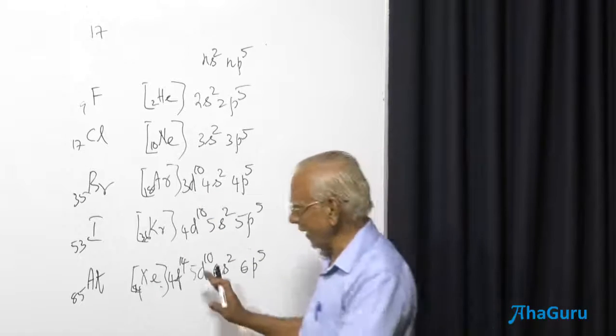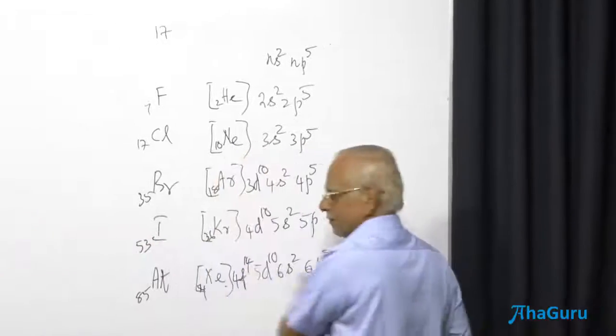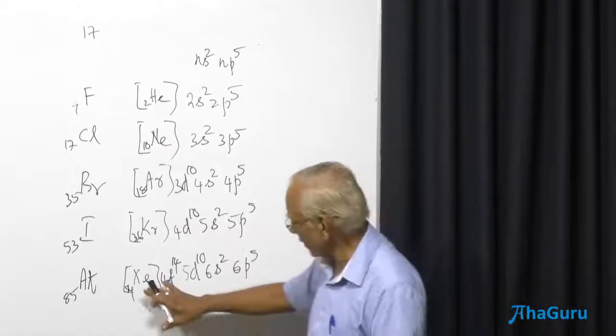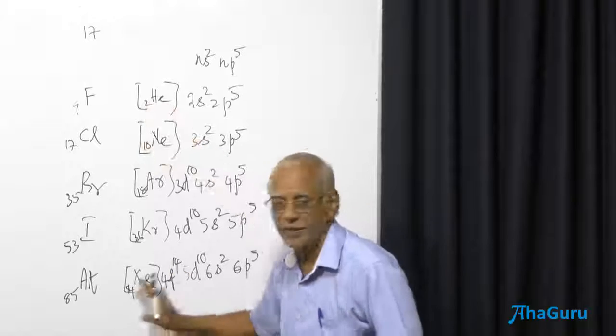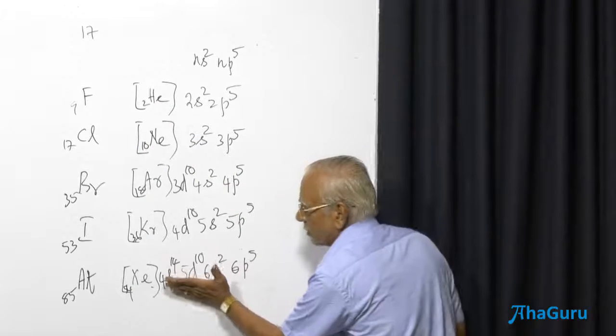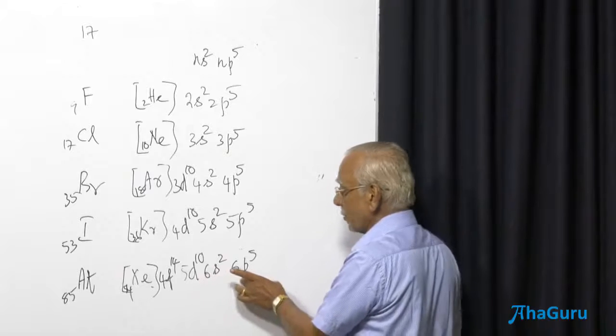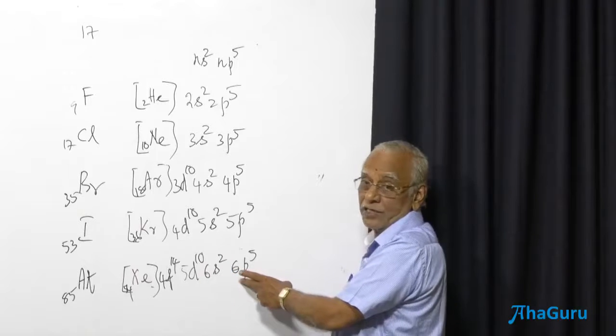So, instead of writing the entire thing in a very long way, we are writing a condensed form, because I do not need the electrons present in the earlier shells here. I need to know the electrons present in the last shell only, the last shell 7 electrons, that too the last orbital is 6p5. I am more interested in that.